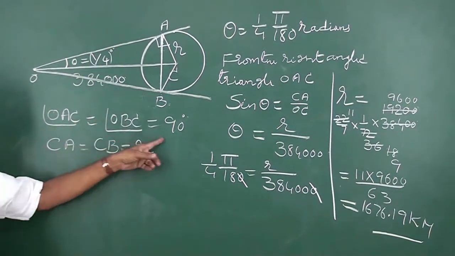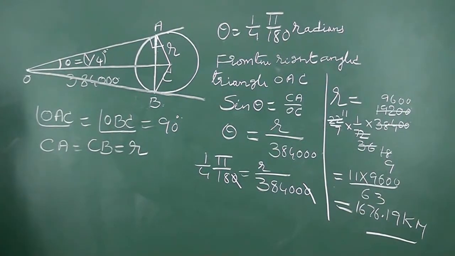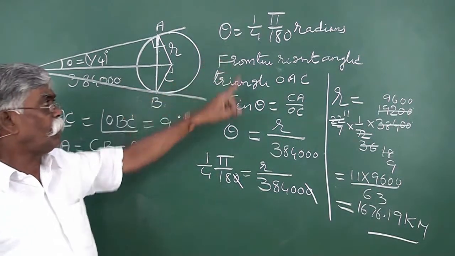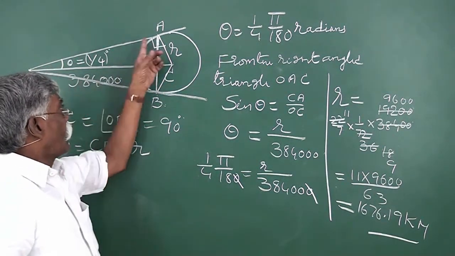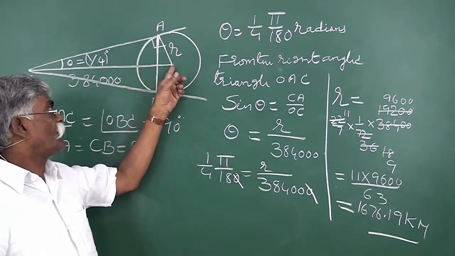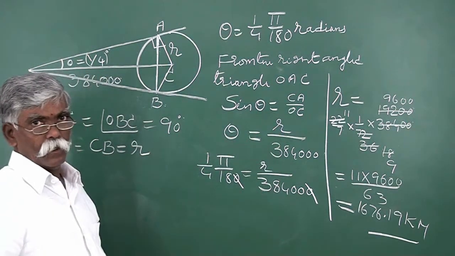Now OAC and OBC are right angle triangles. CA is equal to CB is equal to R, and theta is equal to 1 by 4 into pi by 180 radians. And from this right angle triangle OAC, sin theta is opposite side CA and hypotenuse is OC.